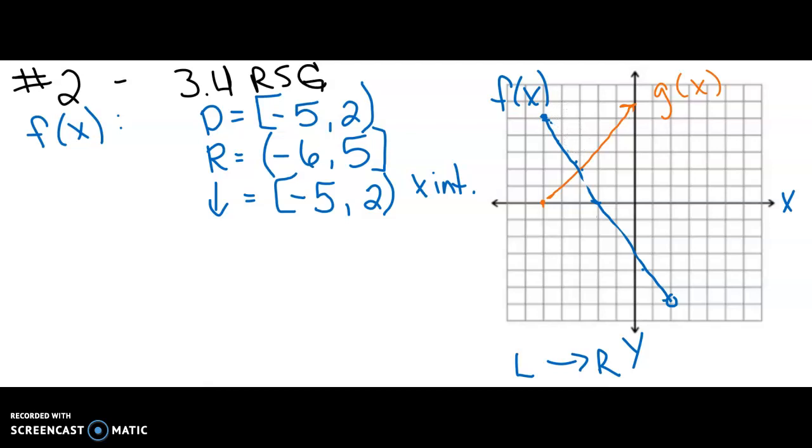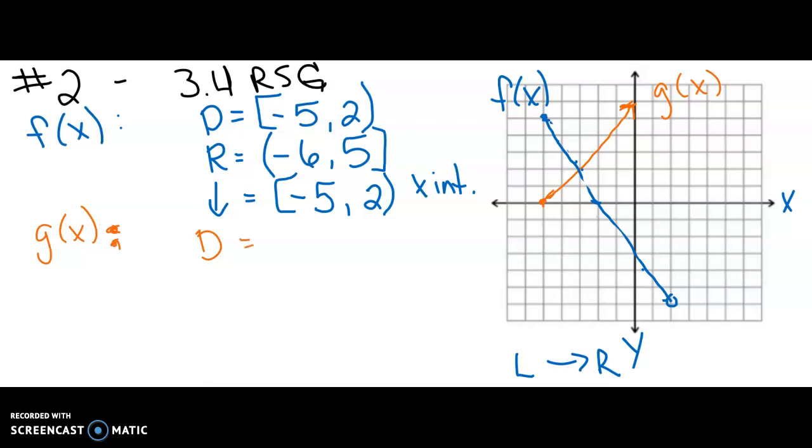Now let's tackle g of x, the orange function. G of x has a closed dot right here, and it has an arrow on this end, so it continues forever in that direction.